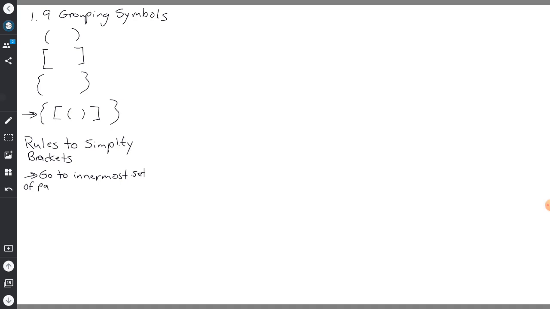For our cases, we'll call all of them parentheses, and the reason why they look different is in a case like this here.